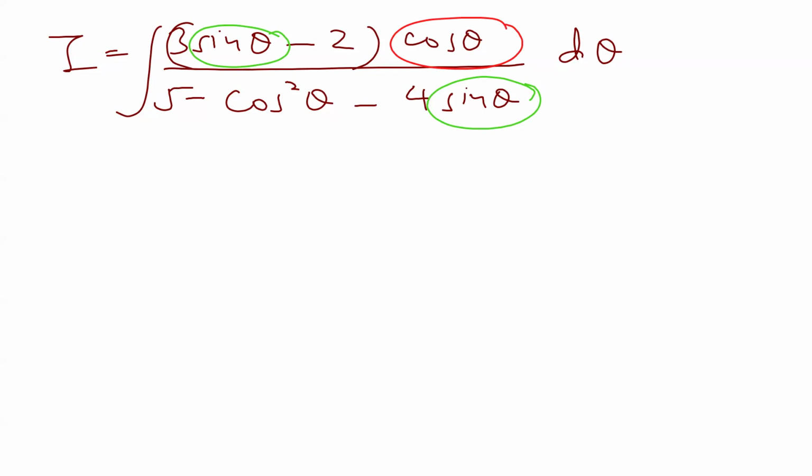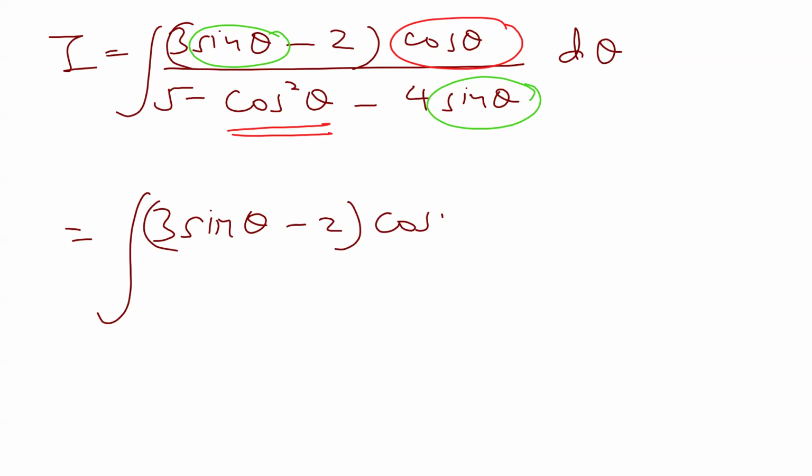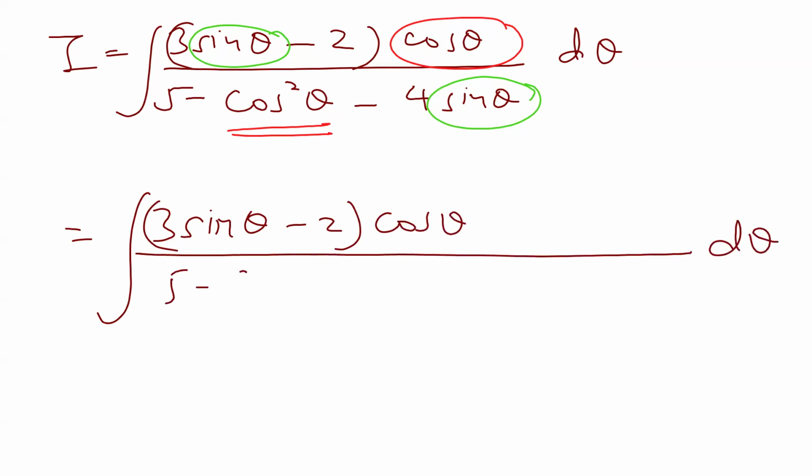But then we have to eliminate this cos square. So step number 1 is I'll just write this cos square as 1 minus sine square theta using the fundamental identity. So 5 minus (1 minus sine square theta) minus 4 sine theta.